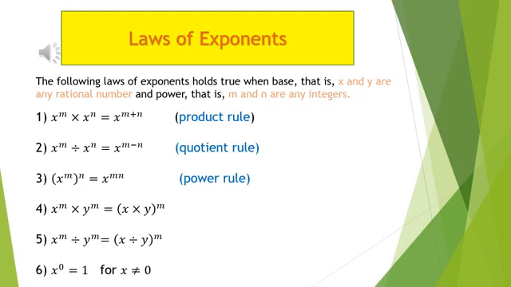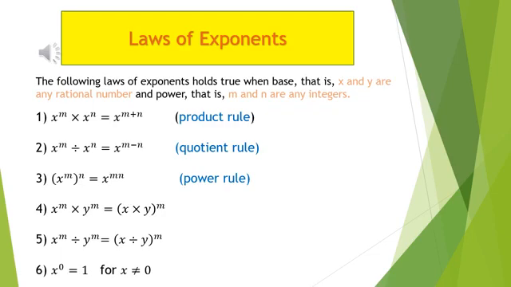So see here the structure. In the left hand side you are multiplying two numbers and in the right hand side you are getting only one number, and in the left hand side the powers are m and n, but your operation is multiplication.